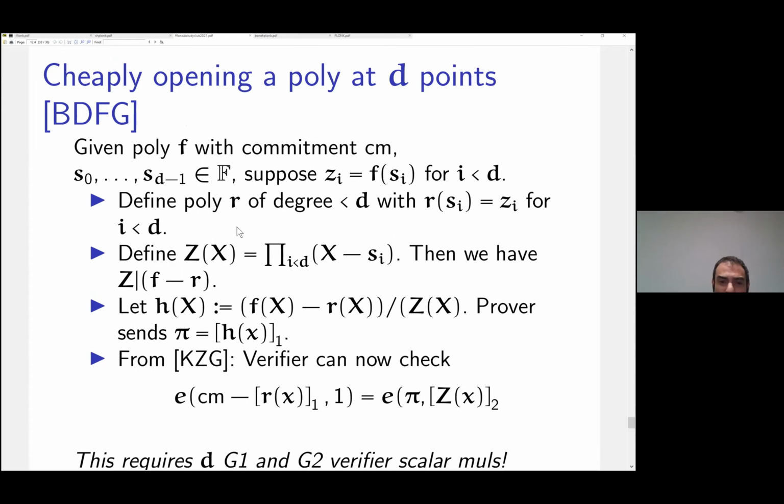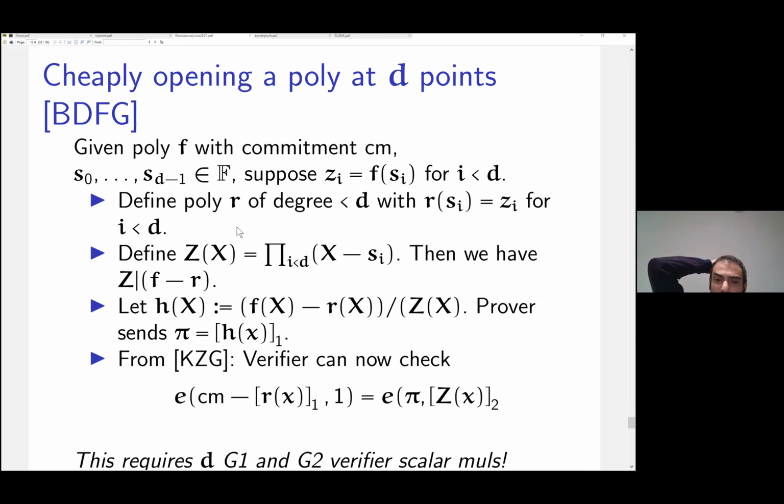But of course, this is pretty expensive for the verifier, because they need to compute this commitment to R, which is going to be d G1 scalar multiplications. And also this encoding of Z of X in the second source group, where we know operations are more expensive.